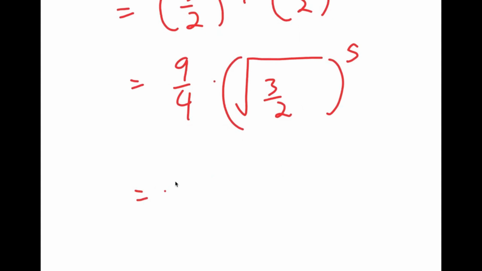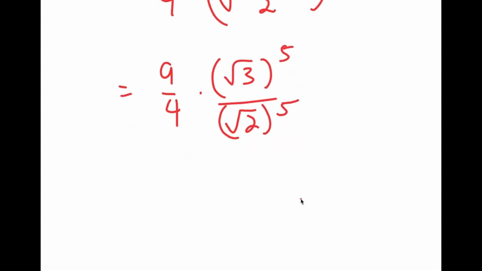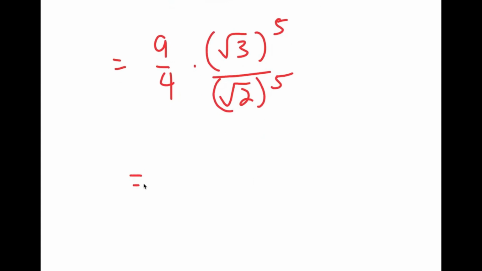And now this is equal to 9/4 times the square root of 3^5 over the square root of 2^5. Now the square root of 3^5 is equal to 9 root 3. And you can get this by simply multiplying the square root of 3 five times. And the square root of 2^5 is equal to 4 root 2.